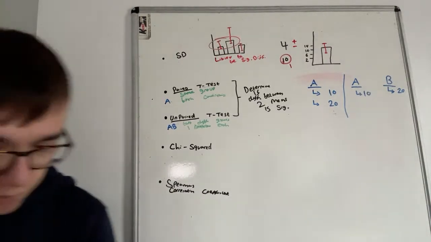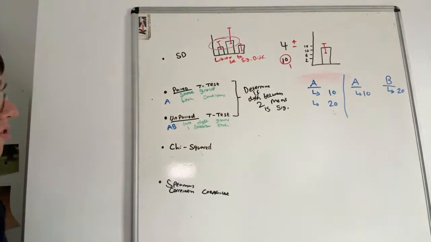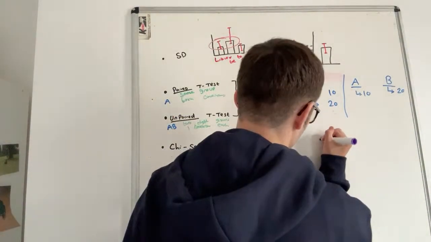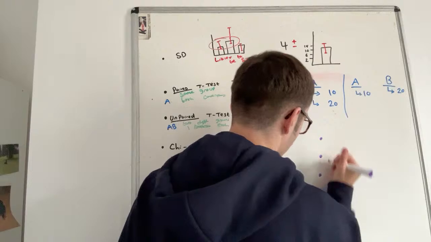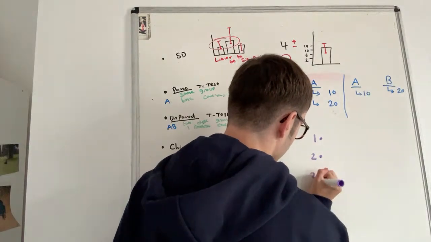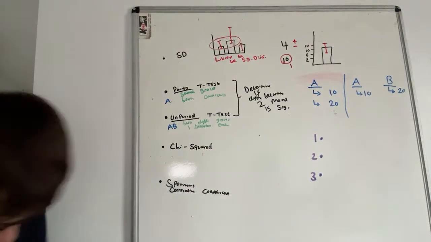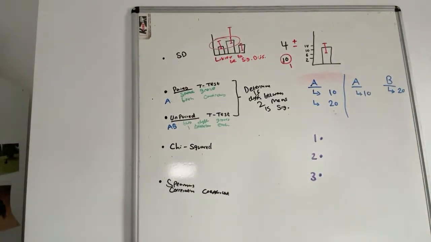Oh, and before we even get into that, we need to know how to write a good conclusion. It's very simple. There's kind of 3 main bullet points you have to take to get full marks. Oh, where have I put my pen?